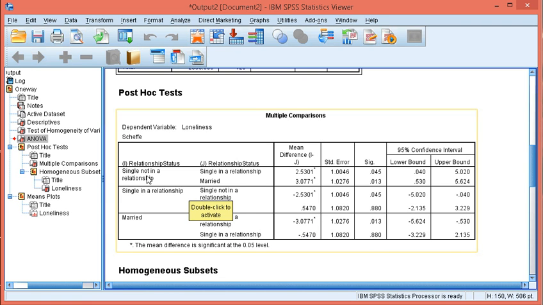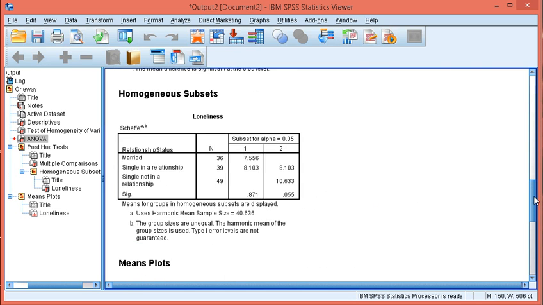The mean of single not in a relationship is compared with the mean of single in a relationship, and then the mean of single not in a relationship is compared with the mean of married. And what we have to look at are these values. First, maybe for you to be able to appreciate this, let's look at our means plot.